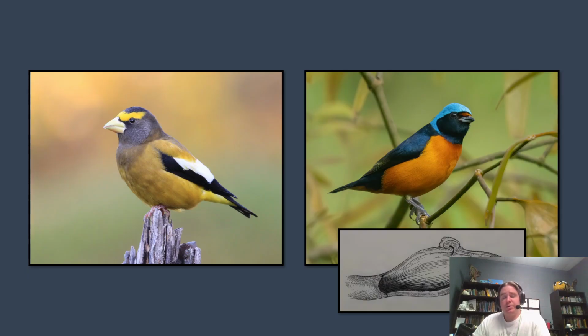But here on the right, you have an elegant euphonia. This is a species that eats primarily berries. So think about what that means in terms of the demands on the digestive system. There's almost no demand for powerful grinding to crush a berry. They're soft.